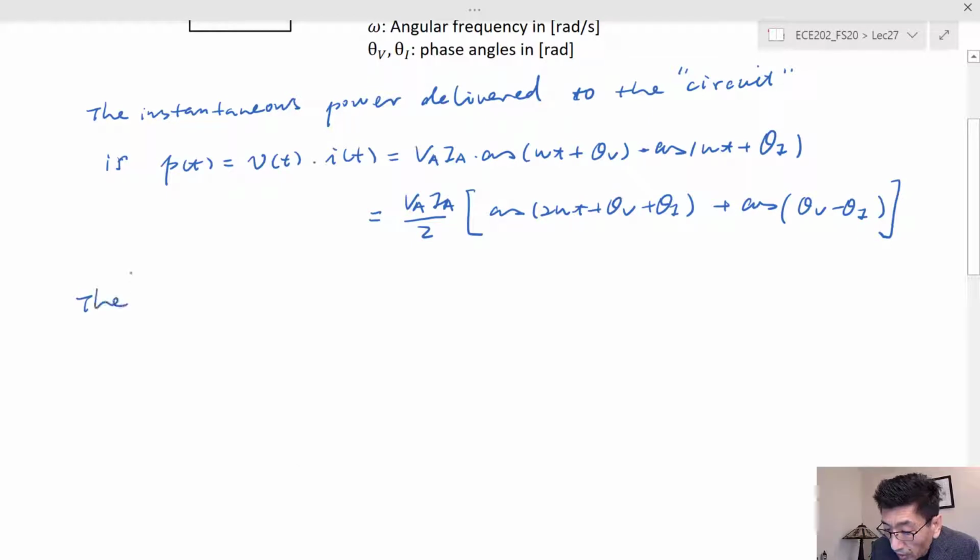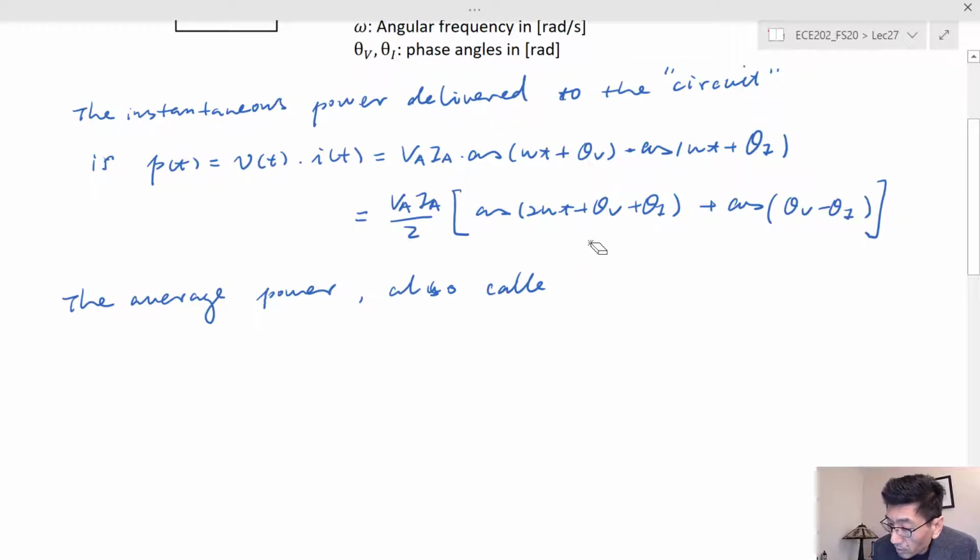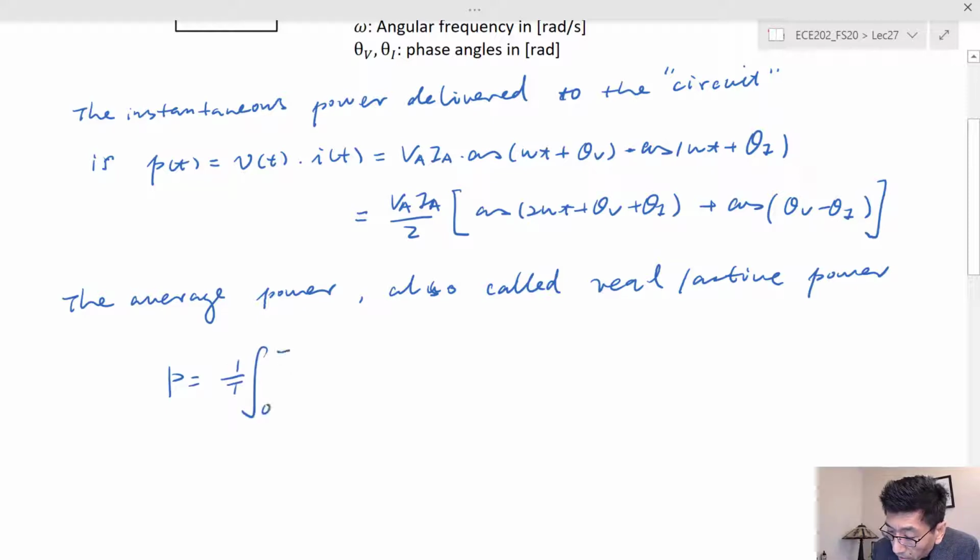So the average power, also called the real power or active power, P, is just equal to the average of the instantaneous power.